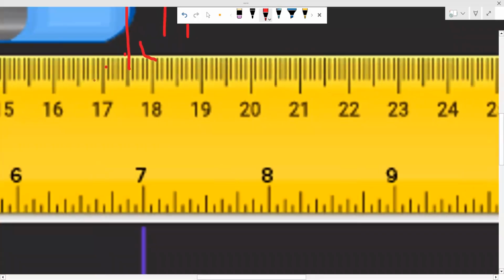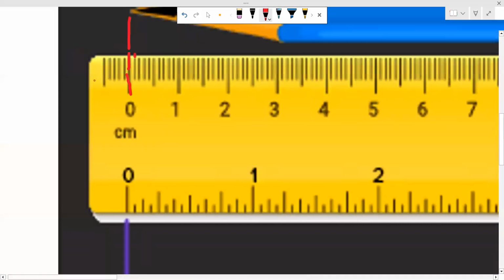Then what is the least count? Least count means the smallest measurable quantity.